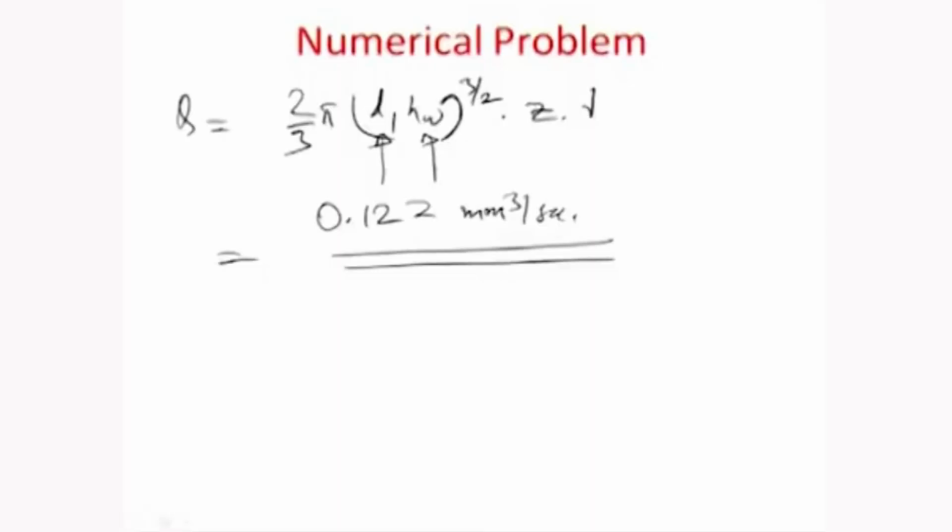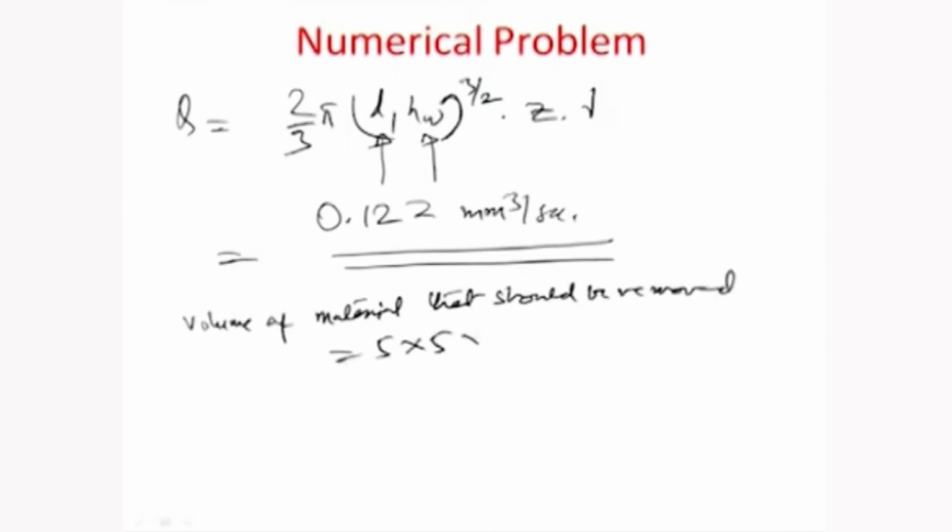So, let us actually look at how much time is needed for machining this hole. So, the volume of the material that has to be removed, as you know, it is a 5 mm into 5 mm square hole with a 4 mm depth. So, it is 5 into 5 into 4, about 100 cubic millimeter. Okay.